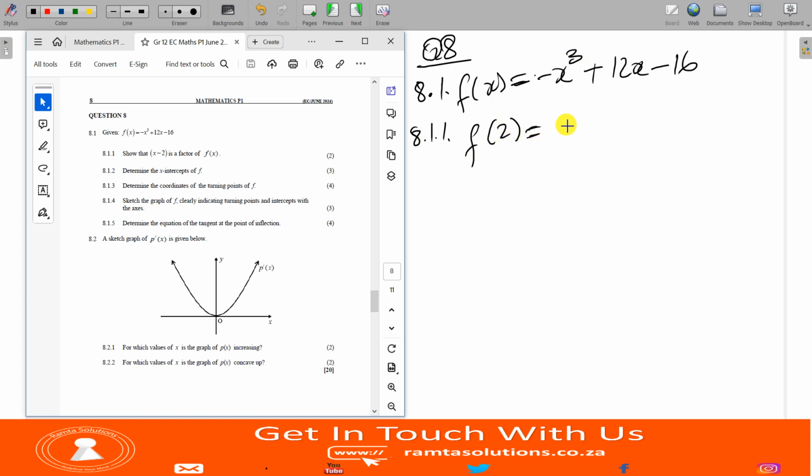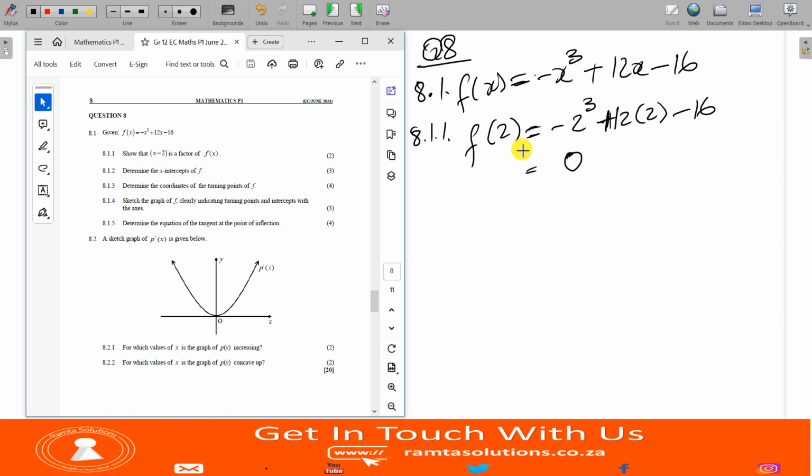We put 2: negative 2 cubed plus 12 times 2 minus 16. Oh, sorry, plus 12, my mistake. So what are we getting? We're getting this to be 0, isn't it? This is 0, all right, guys?